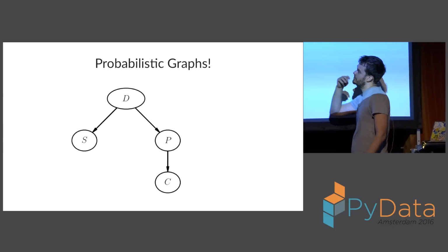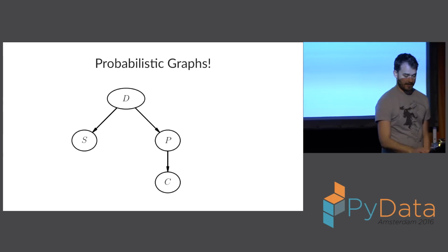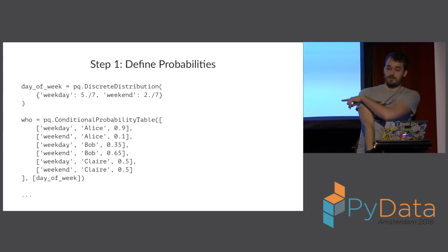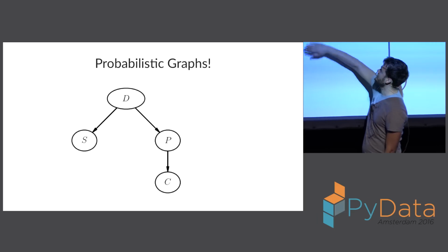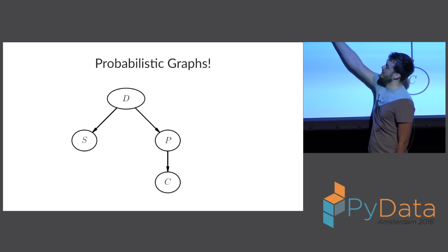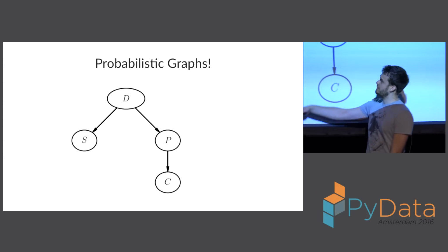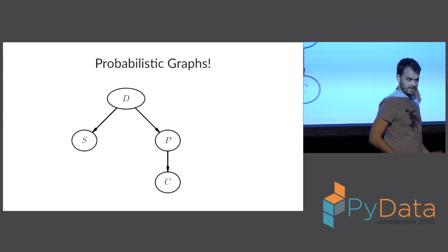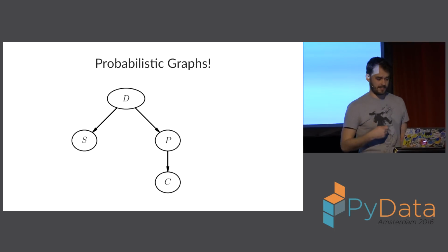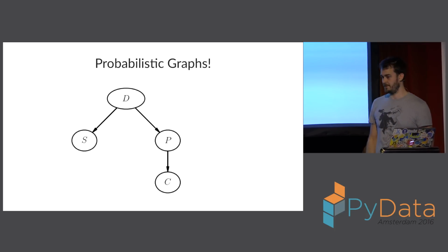Suppose that for some rows of my data set, when I'm trying to learn these probabilities, that is, the probabilities that I would plug into this conditional table, if I have a couple of rows that says something about the relationship between D and S, but in the same row I have nothing about this, then I can still make this relationship statistically stronger. It gives me more certainty of the relationship between D and S, even though I don't know anything about the relationship between P, D, and C at learning time.